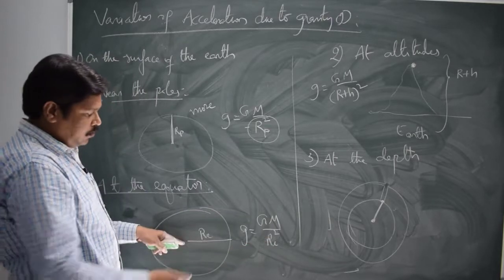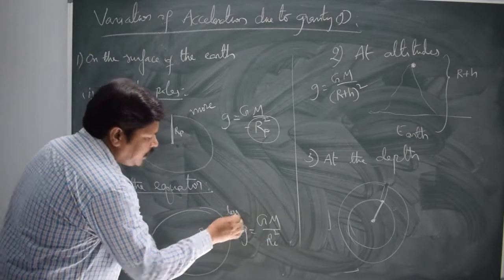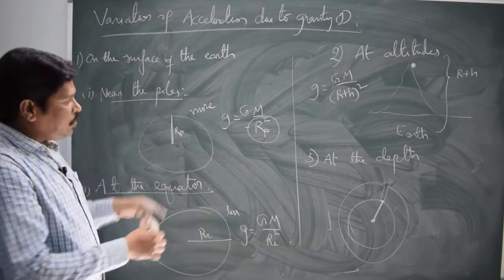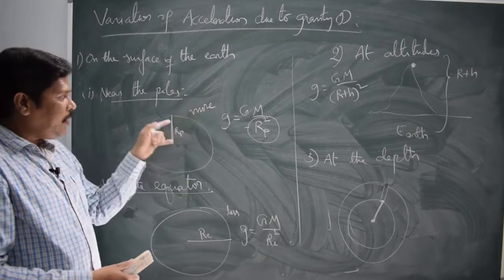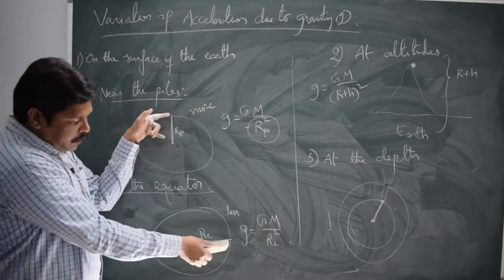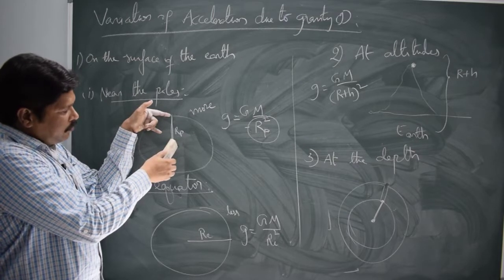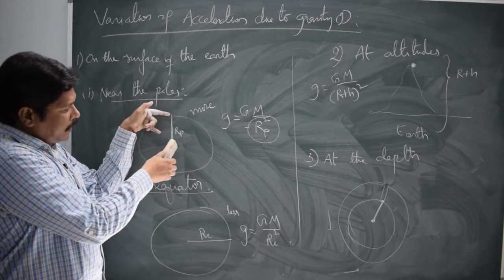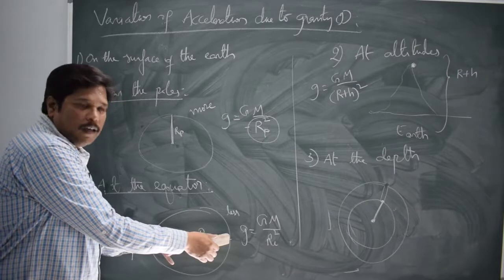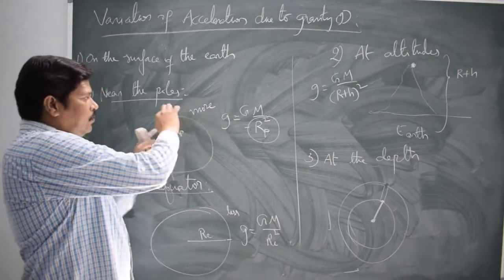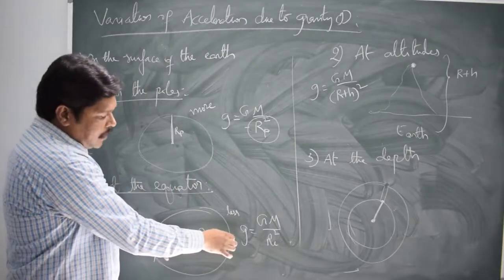So near the equator it is a little less when compared with the acceleration due to gravity experienced by a body at the poles. So you can notice that difference, no? The radius of the earth varies between the poles and the equator, so acceleration due to gravity is more at the poles and less at the equator.